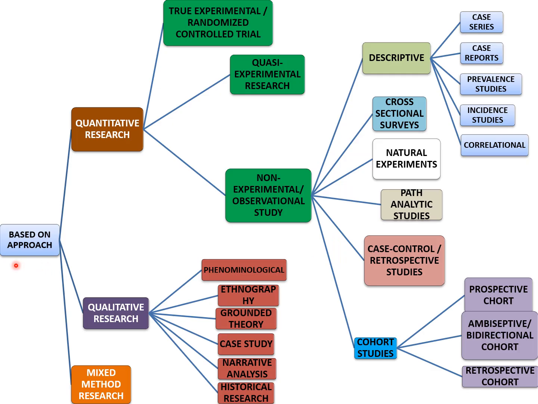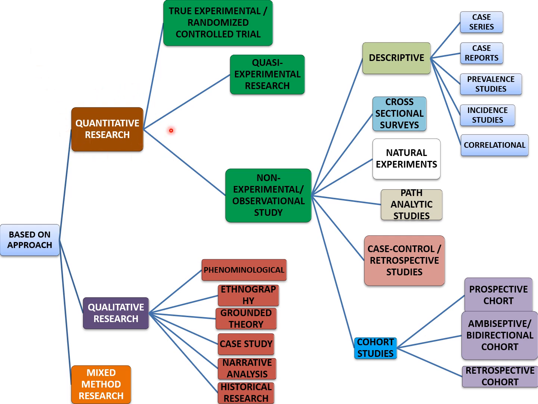Then based on approach, this is the most common way we all will be telling. Basically, based on approach, we can classify the research into three main classifications: quantitative research, qualitative research and mixed method research. And each of these three has further classifications.